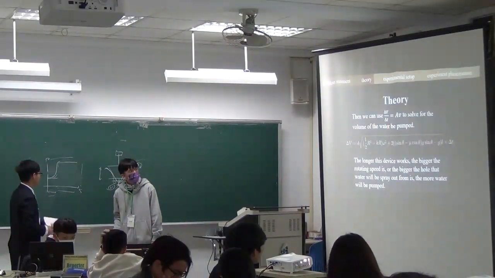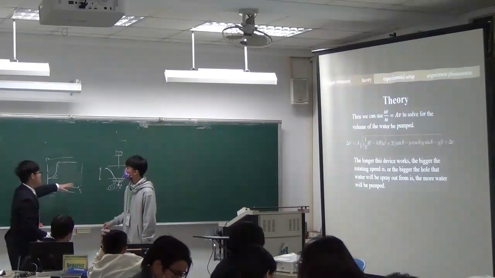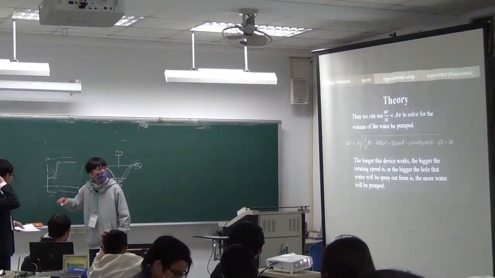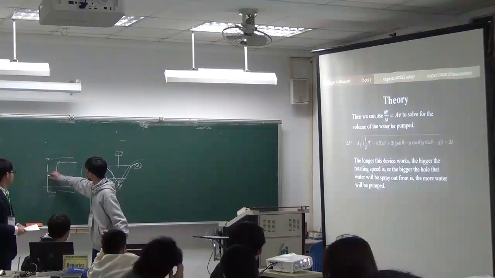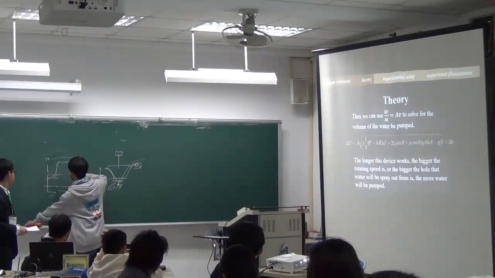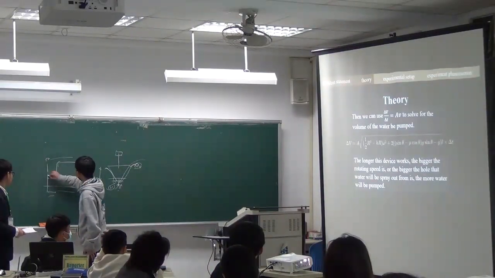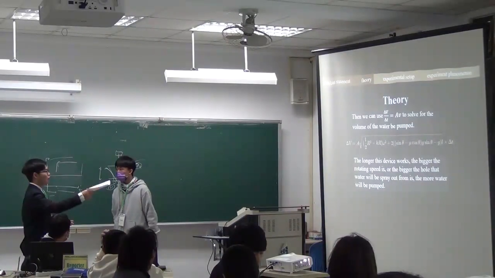Like, if you're doing a circle, it should be something like this, staying stable. Can you draw it? I think it will be constant. So can you explain it with your theory?